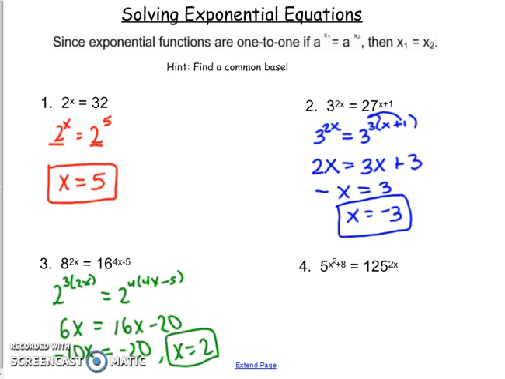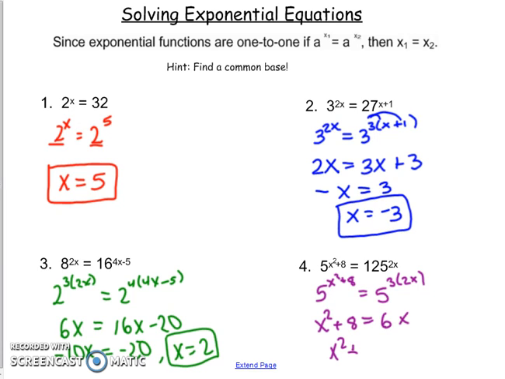And on number 4, we're going to make both bases be 5. So 5 is already here. X squared plus 8. And instead of 125, that's 5 cubed to the 2x. The bases are the same. So x squared plus 8 equals 6x. We're going to bring everything to one side.